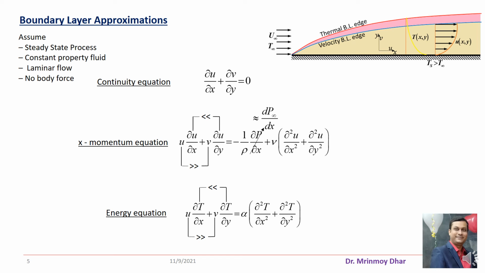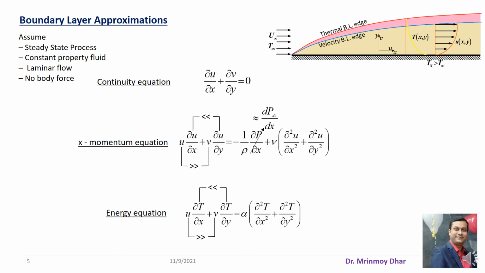In the energy equation, what happens? As I have just discussed, u is much higher than v, and for the other terms, del t del x and del t del y, del t del x will also be much less than del t del y.